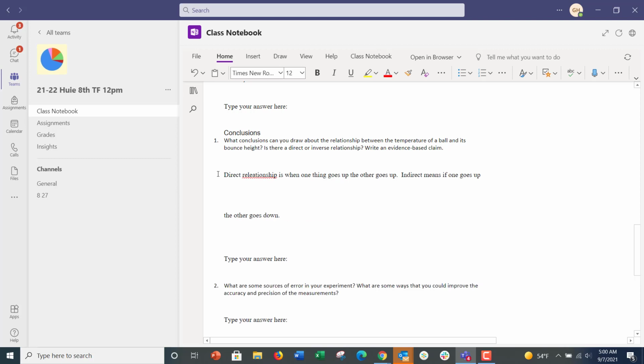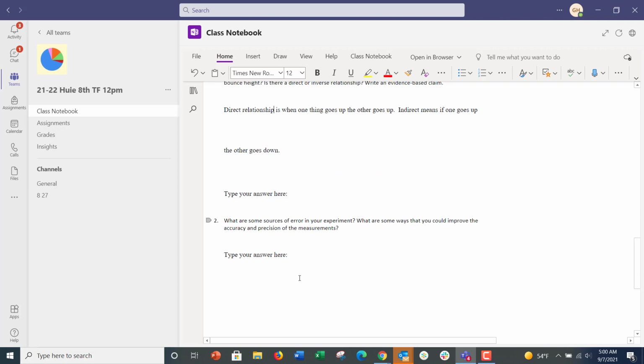And I know the format on this is funky. I'm not worried about the format. I'll figure that out. So basically in this experiment, if the temperature goes up, does the bounce height go up? If when the temperature goes up, the bounce height goes up, that's a direct relationship. If when the temperature goes up, the bounce height goes down, that's an indirect relationship.